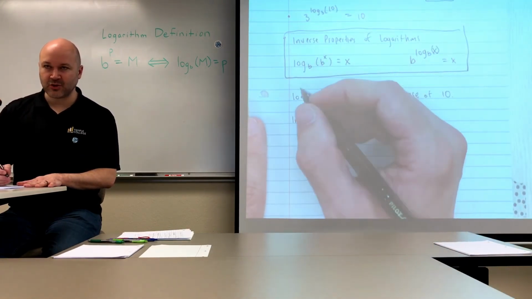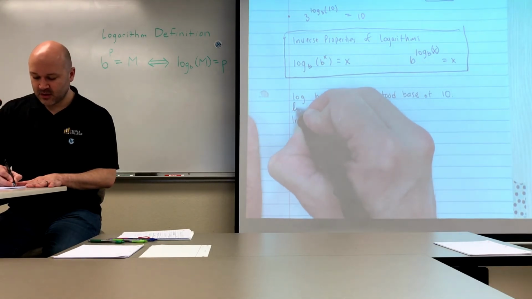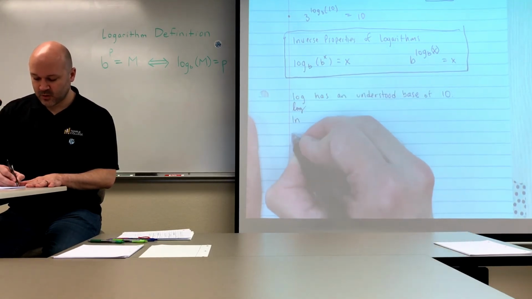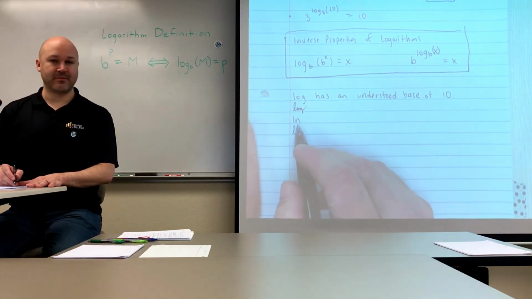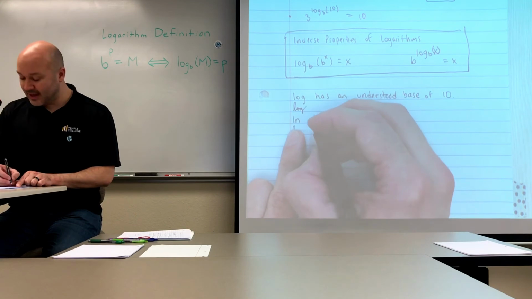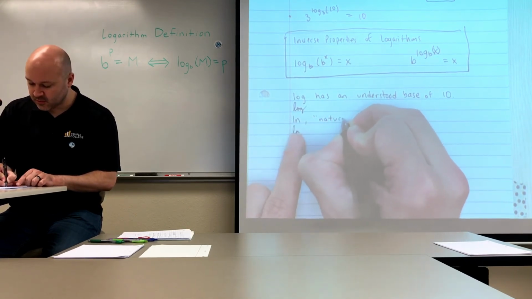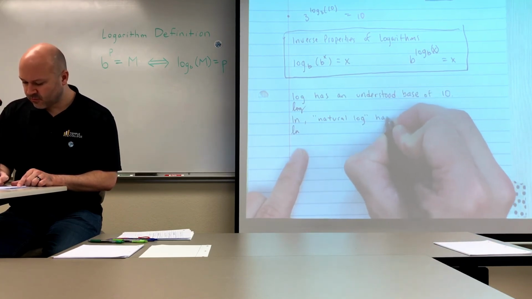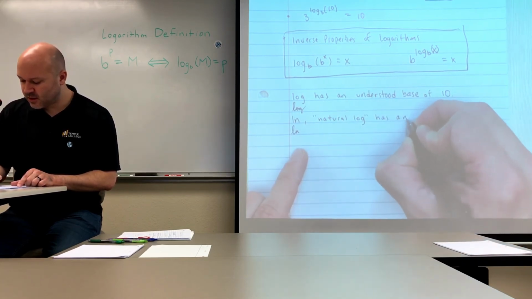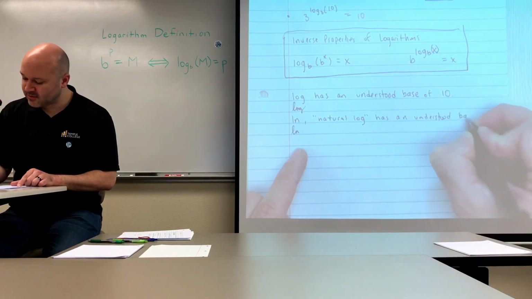So really, when you write logs and natural logs, you should kind of use a cursive log or ln, but I stick with my script. So ln, which is the natural log, has an understood base of e.